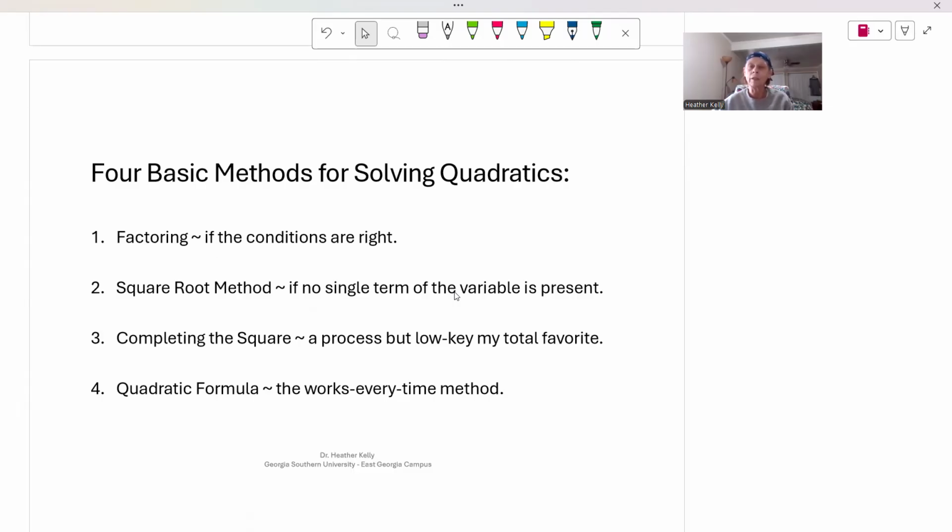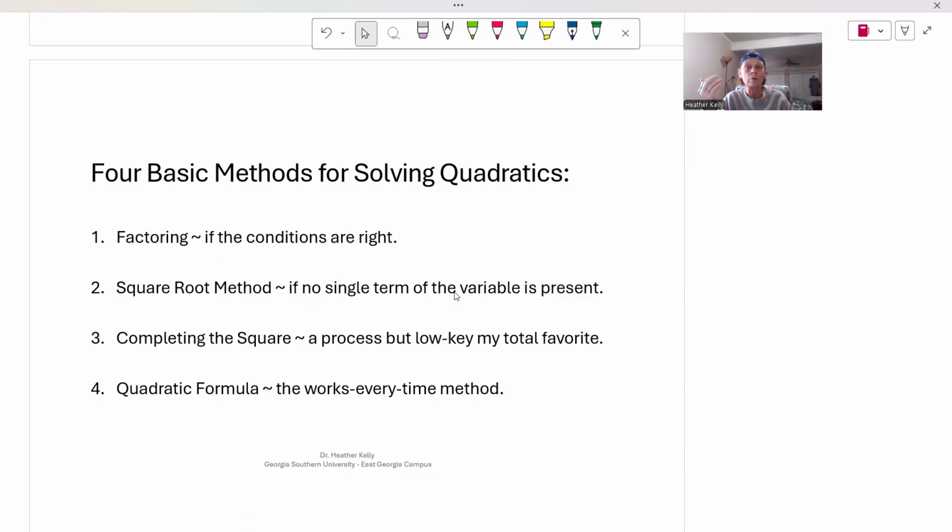But factoring only happens when the conditions are right, which really means that it's just a really small subsection of all of the quadratic equations that can actually be solved through factoring.